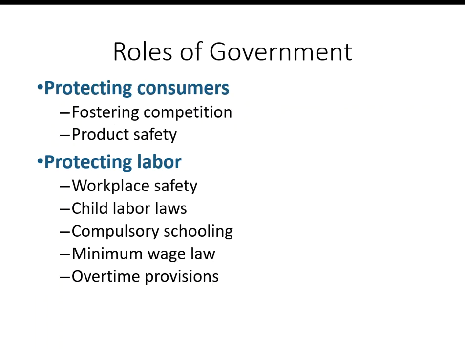The third possible role for the government is to protect consumers. Consumers are considered the weak group when we talk about the relationship between government, business, and consumers. The government uses its power to protect the interests of consumers. One way to do this is to prevent individual business firms from becoming too powerful. If they become too powerful and are the only ones serving the market, we call it a monopoly.